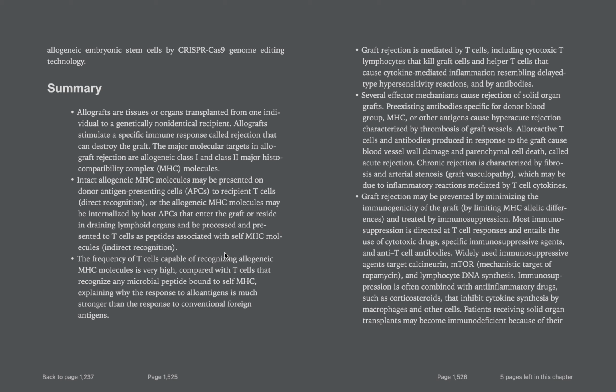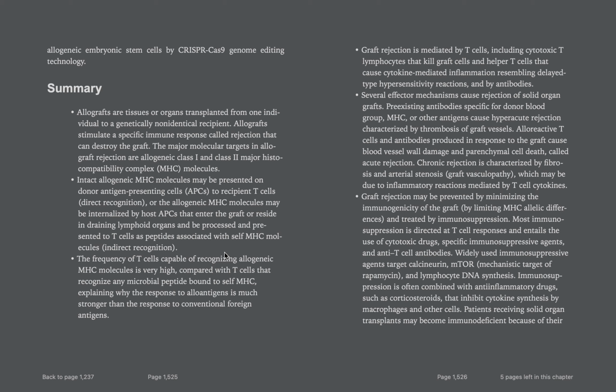Alloreactive T cells and antibodies produced in response to the graft cause blood vessel wall damage and parenchymal cell death, called acute rejection. Chronic rejection is characterized by fibrosis and arterial stenosis, graft vasculopathy, which may be due to inflammatory reactions mediated by T cell cytokines.